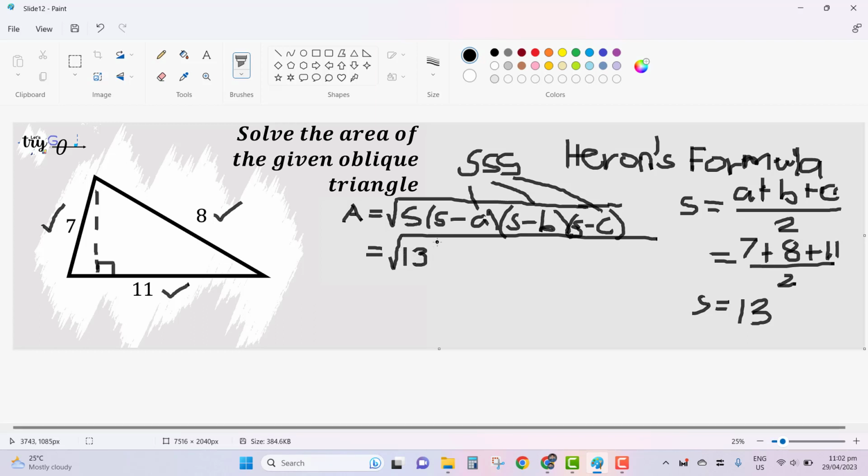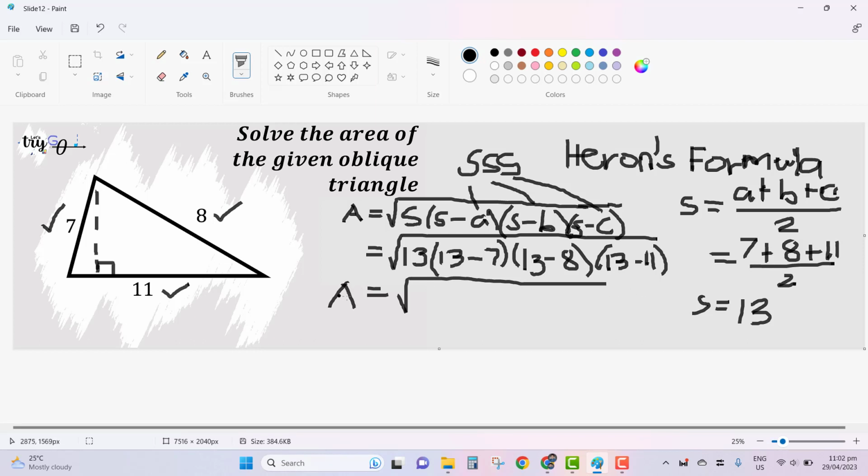So we can have this for this process. You have here 13 times 13 minus A, we used earlier 7, so let's do that, times 13 minus 8, and then times 13 minus 11. So we have here the result of all of this, which will still be subjected by square root.